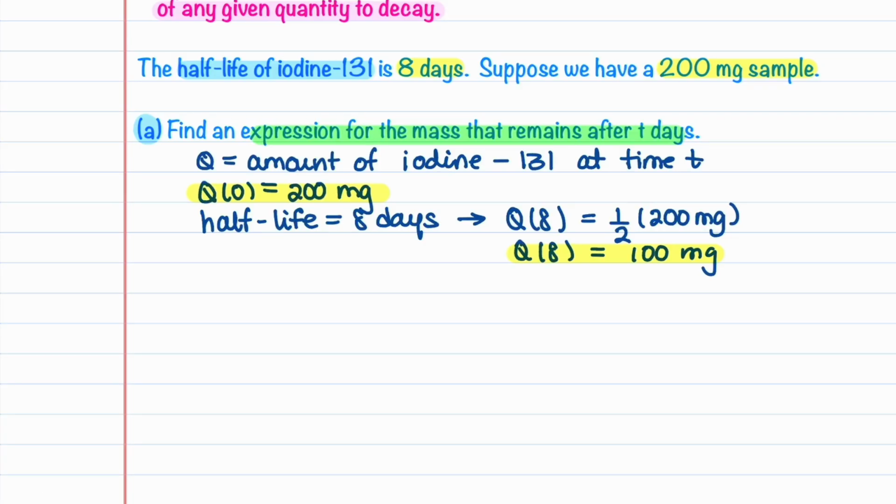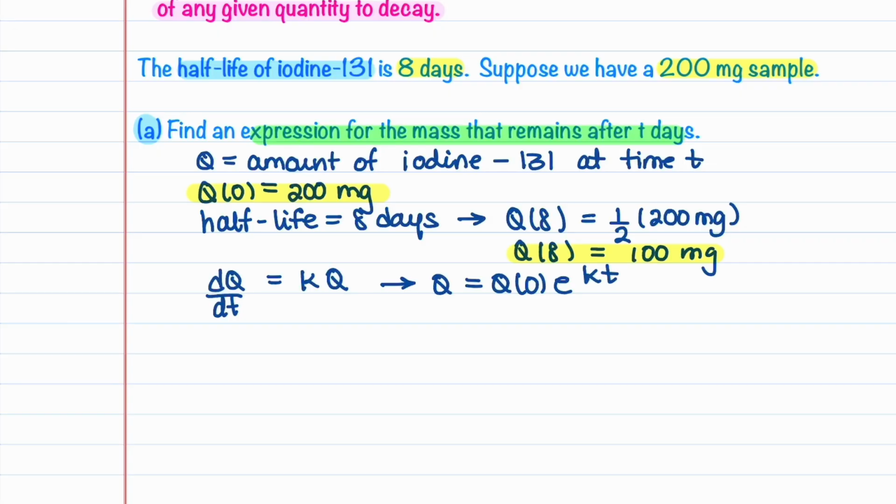The rate of change of any radioactive quantity is proportional to its size, so we can say that dQ/dt is equal to kQ, and that just means that Q is equal to Q0 times e^(kt).